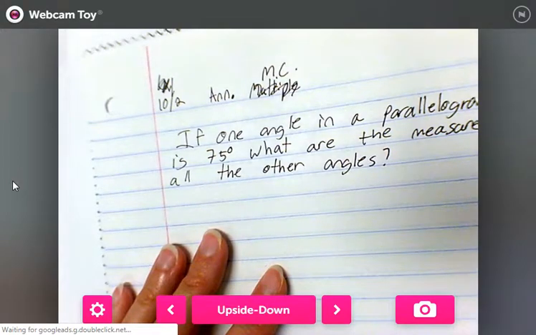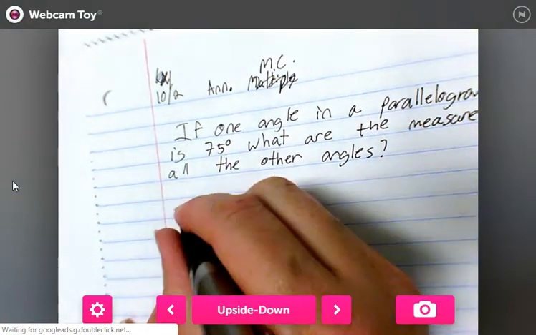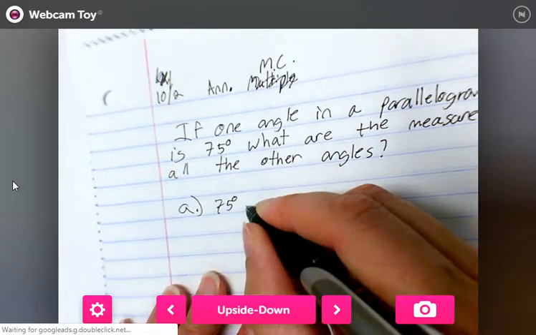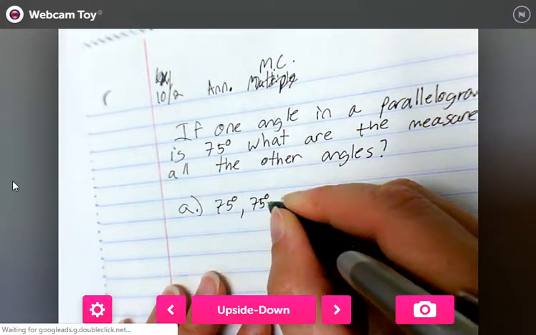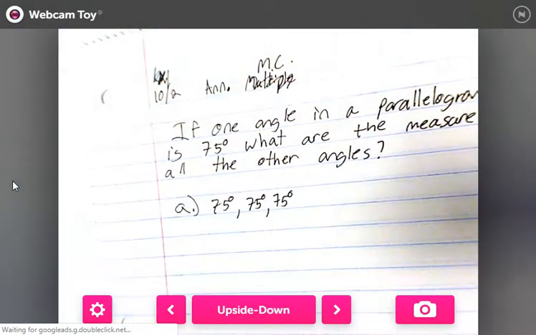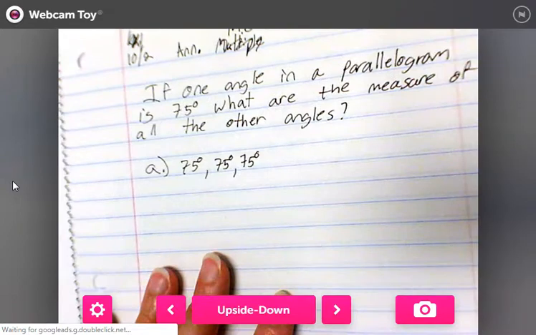Okay, we're going to move a little bit of a space and we're going to put A, 75 degrees, 75 degrees, 75 degrees. And remember the fourth one is in the problem. Okay? Fourth one is in the problem.